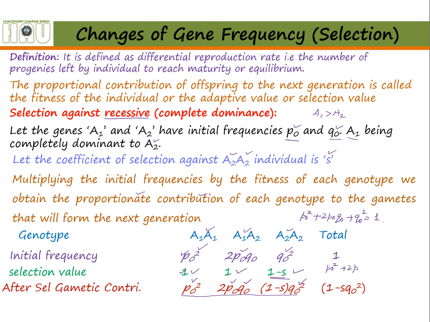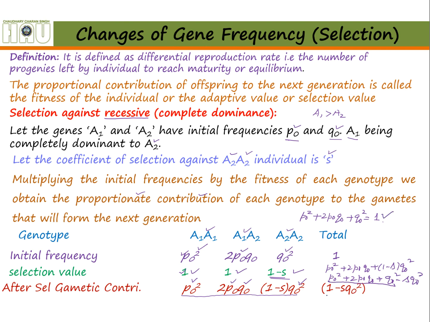This sum can be found by putting P0 square plus 2P0Q0 plus 1 minus s times Q0 square. If I simplify it, it becomes P0 square plus 2P0Q0 plus Q0 square minus sQ0 square.